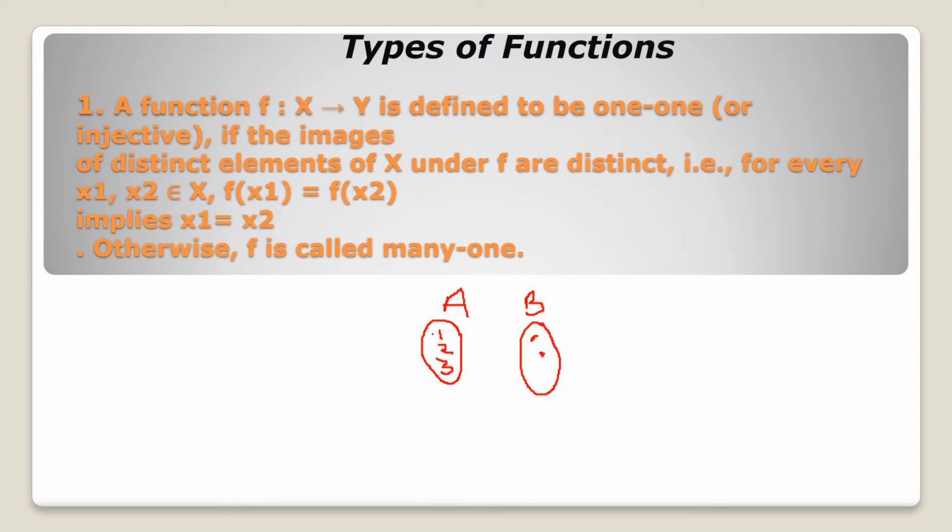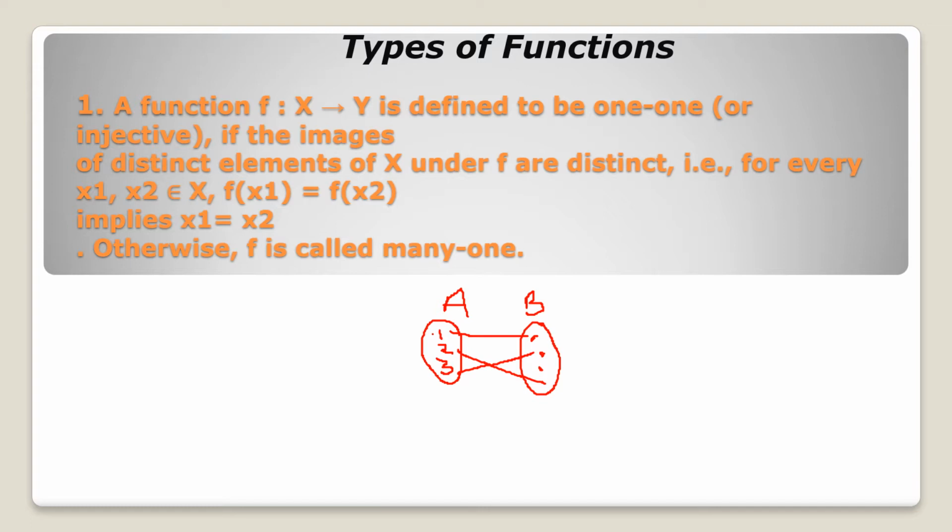Let us suppose there are four elements of this type. So each and every element in A must have some image. So one condition was each element in A must have an image, and the second was that each element in A must have one and only one image.